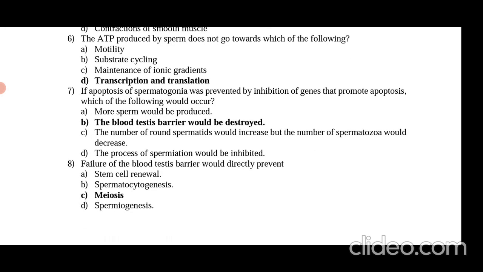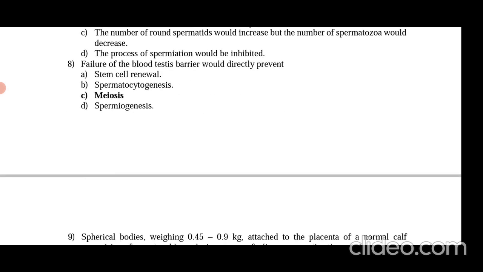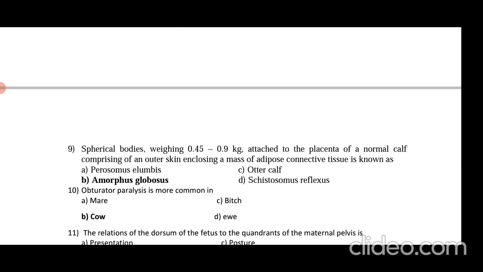Failure of the blood-testis barrier would directly prevent meiosis. Spherical bodies weighing 0.45 to 0.9 kg, approximately half to 1 kg, attached to the placenta of a normal calf, comprising an outer skin enclosing a mass of adipose connective tissue, are known as amorphus globosus.